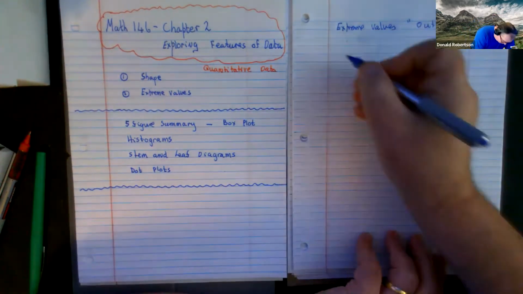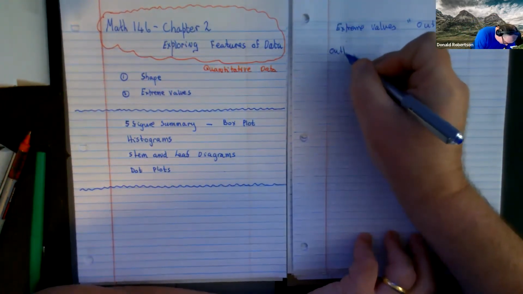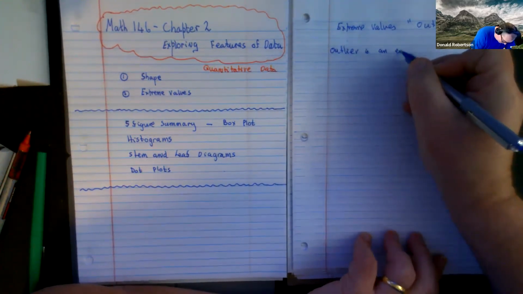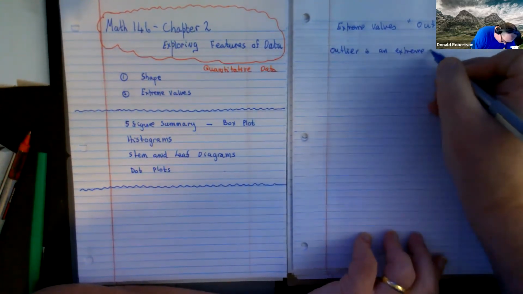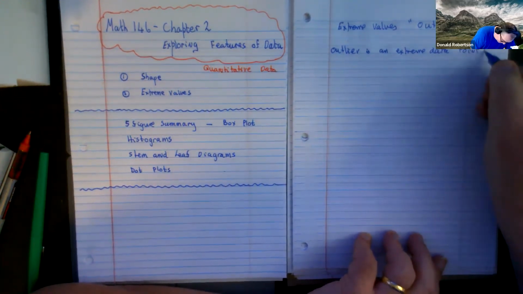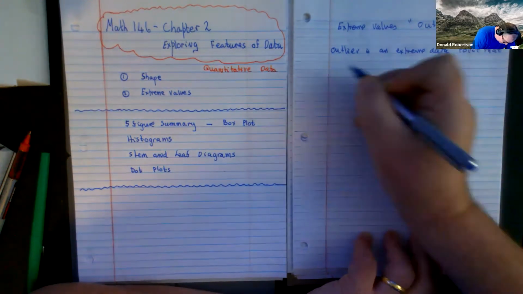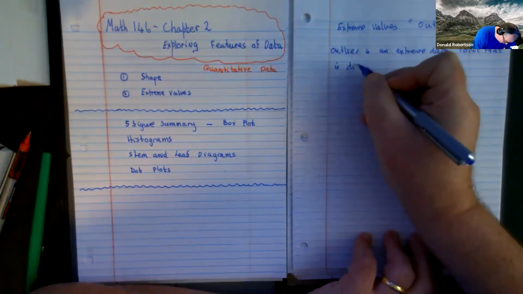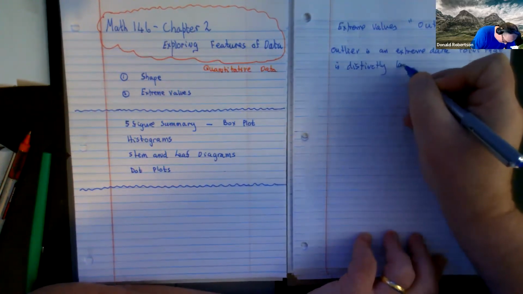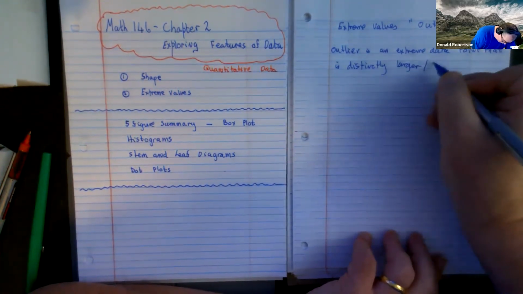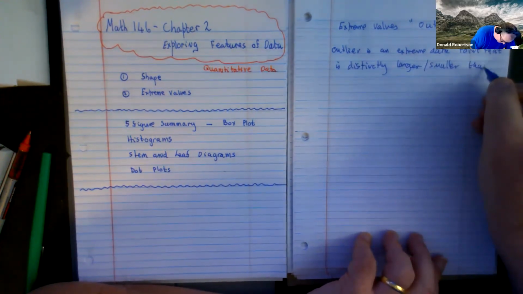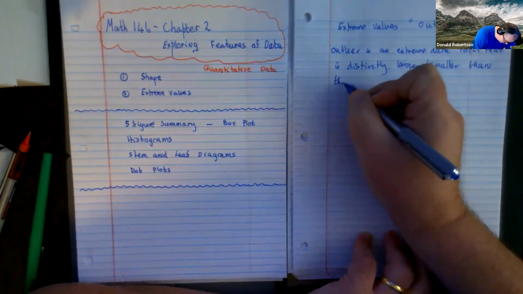So now, an outlier is an extreme data point that is distinctly larger or smaller than the rest of the data.